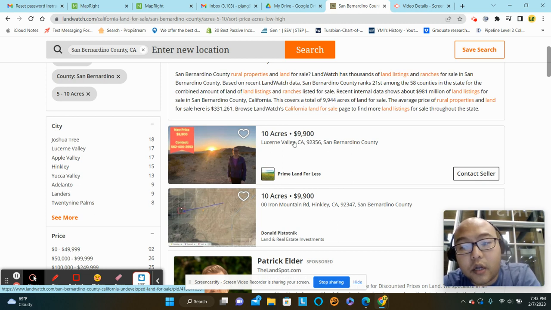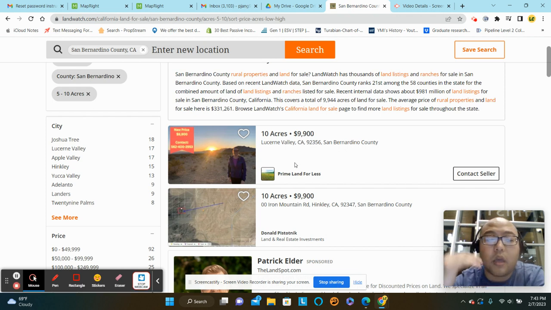So if you're going to go off of this number, if you could buy something at 25 cents to 50 cents on this amount. So, if you're going to price it conservatively, you could list all the 10 acres in San Bernardino County and offer them $2,500 and see who bites, right?